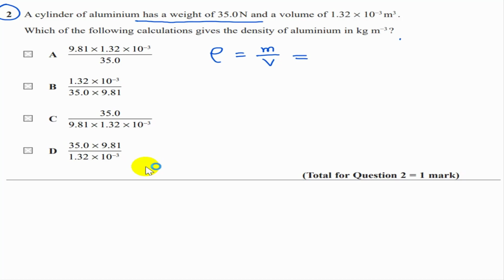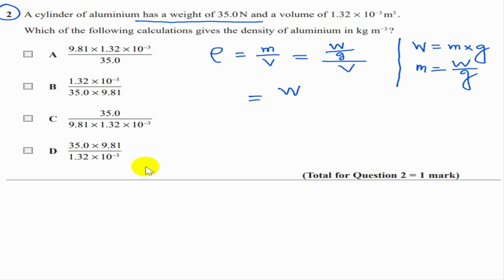We know weight W equal to mass into gravitational field strength, so M equals W divided by G. Putting this value of mass, W by G, into the equation, W by G divided by V, so density equal to W divided by G into V.